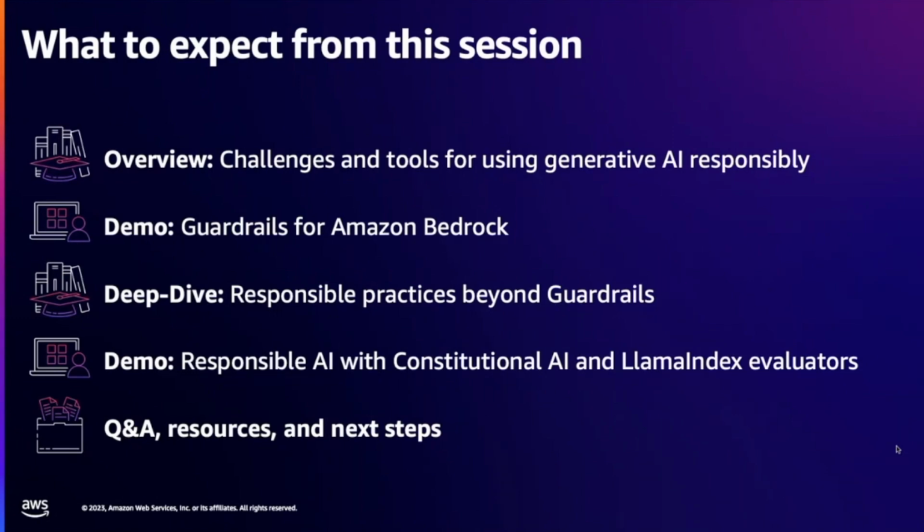Also, I wanted to do a deep dive on best practices which go beyond guardrails, because when we are talking about implementing generative AI responsibly, we need to consider other things that go beyond guardrails.